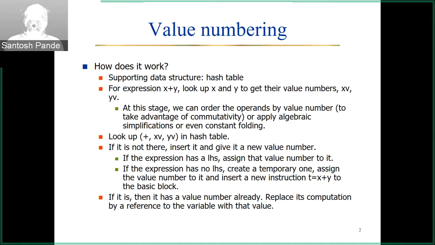So we'll hash X here, and we'll find out that, hey, no, there is no value number associated with X, neither is with Y, and whenever we encounter first, we'll give some value numbers with them, unique ones, and we'll keep track of them in the hash table, that X has XV as a value number, and Y has YV as the value number.